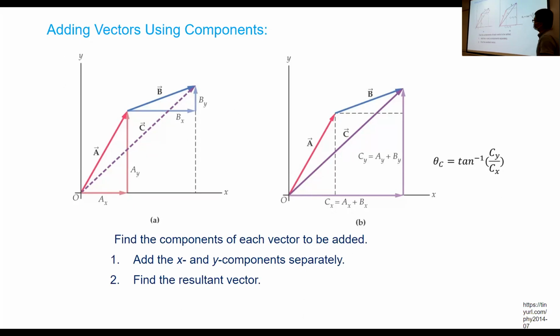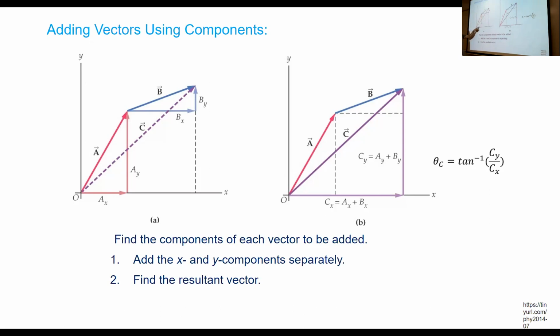If you have A vector and B vector, and you are looking for A vector plus B vector, then you can simply add the x components up and the y components up to be the x component and y component of the resultant vector. In this case, this is A vector, this is B vector.